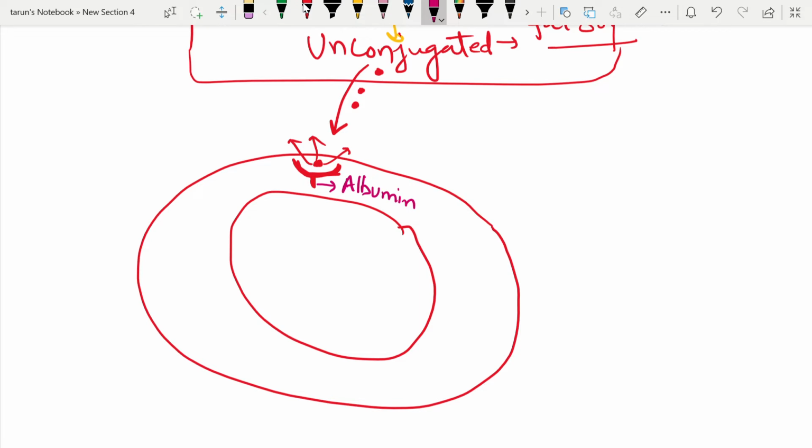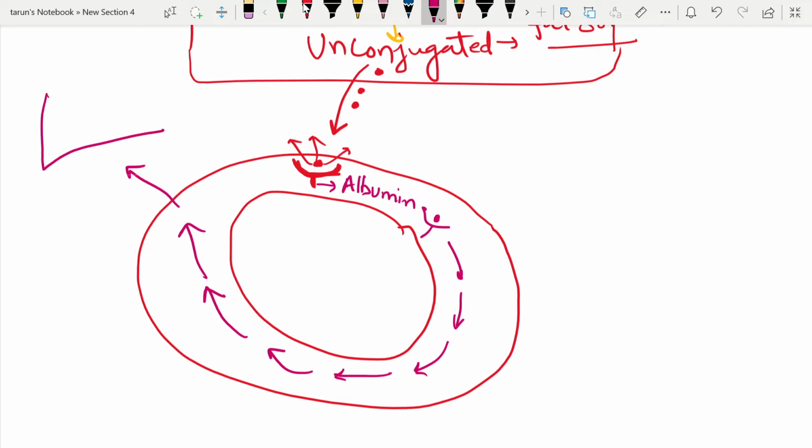Now albumin acts as a driver, just like a taxi driver. It takes the unconjugated bilirubin and moves with it in the circulation, and it reaches its destination, that is the liver.